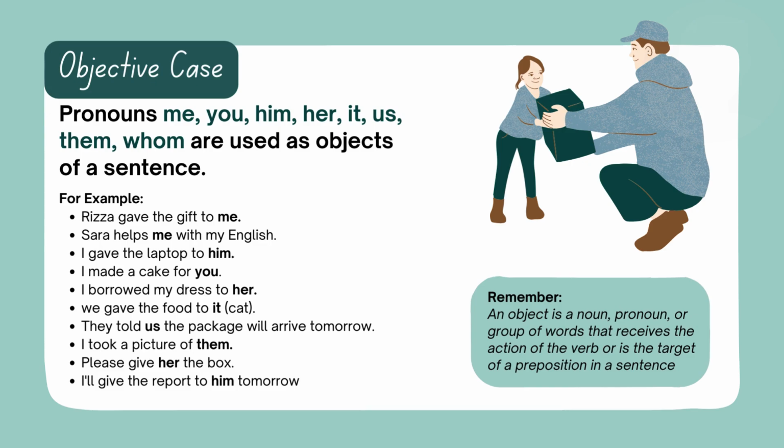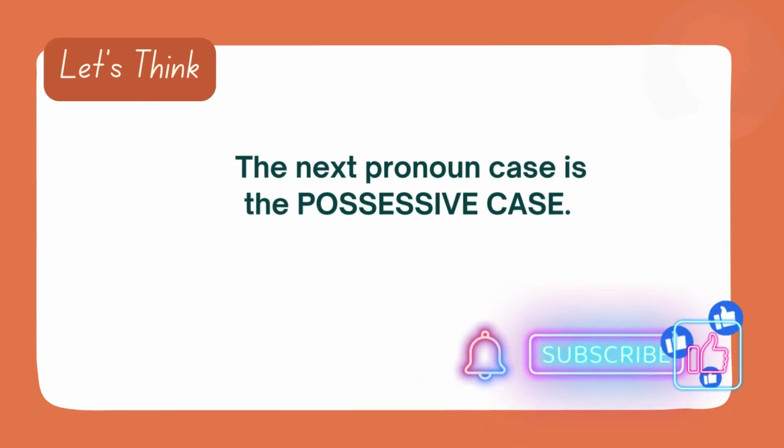There is a new pronoun introduced in that sentence. But anyway, just remember that an object is a noun, pronoun, or a group of words that reflect the action of a verb or is a target for a preposition in a sentence. If you know the new pronoun introduced, you can write it down in the comment section.